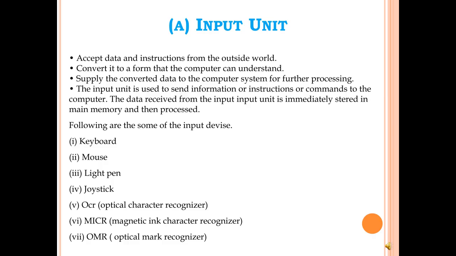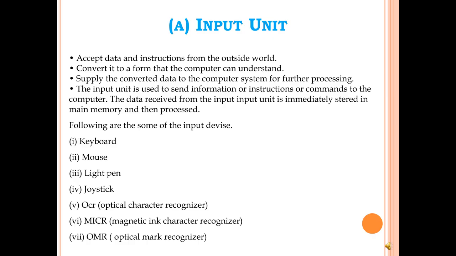Now that data moves ahead and is converted into the form which the computer can understand. Basically, a computer understands only binary language, the language of 0 and 1. Once the input unit converts the data into the form which the computer understands, it supplies that converted data to the computer system for further processing.